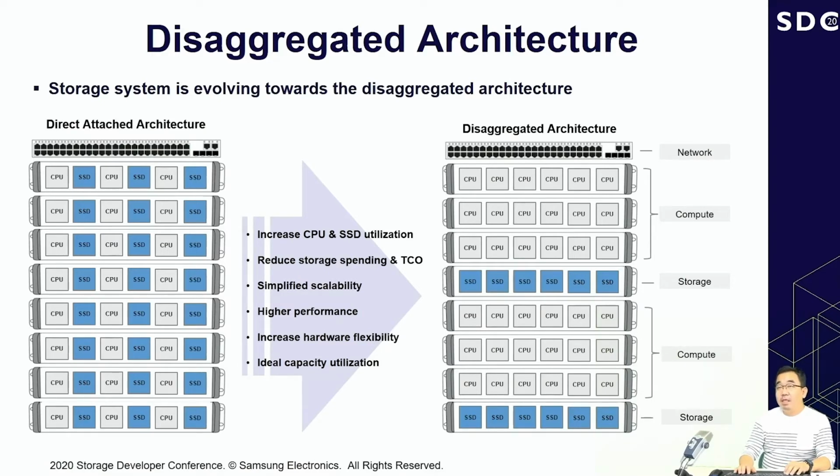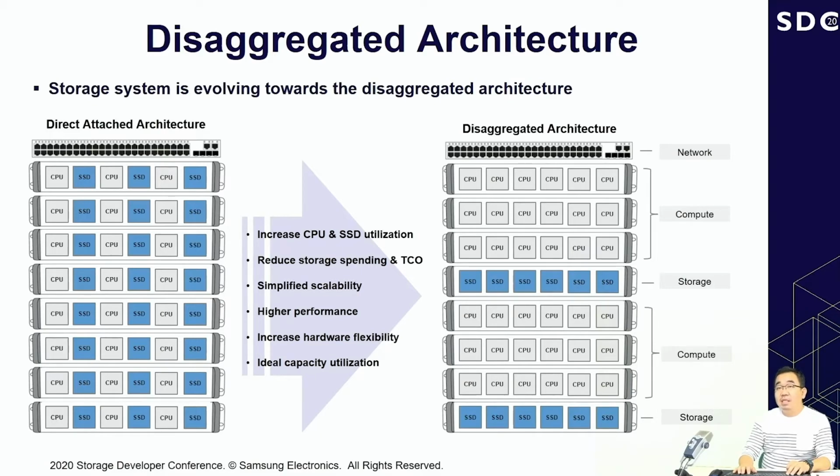NVMe Fabric is a standard protocol for this disaggregated architecture. With the traditional direct attached architecture, you will need many CPUs and SSD drives to build a storage pool in the data center.